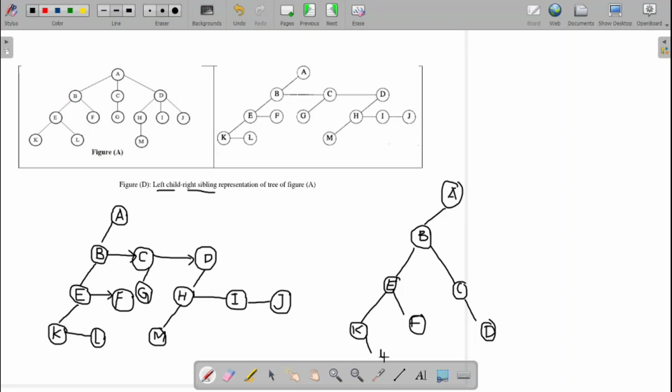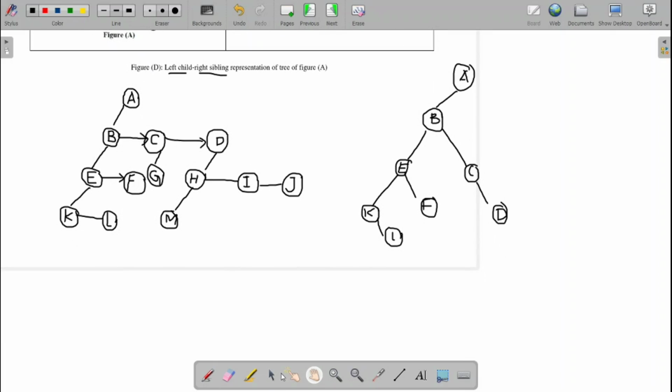This will be your L. Then next for D, this will be H. Rotate its sibling by 45 degrees. That will be your I. Again you rotate its sibling. That is your J. Then next for H, the left child is M.